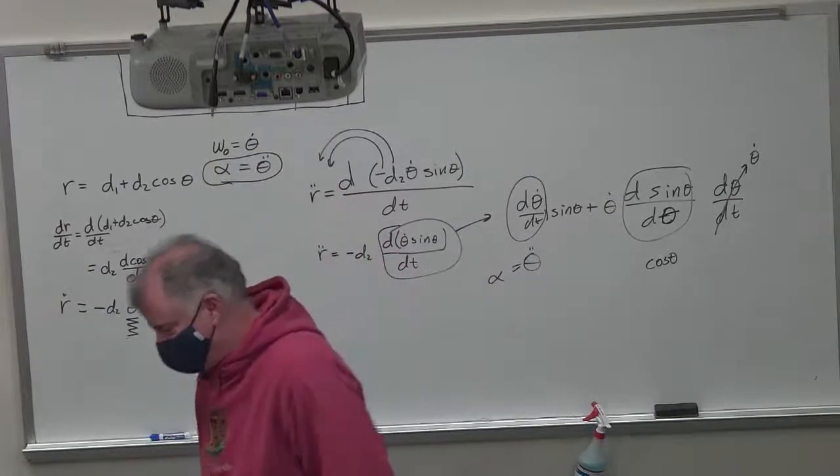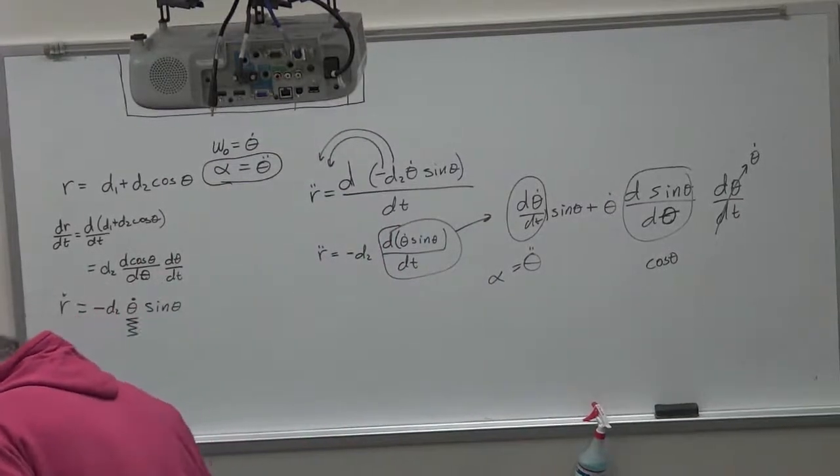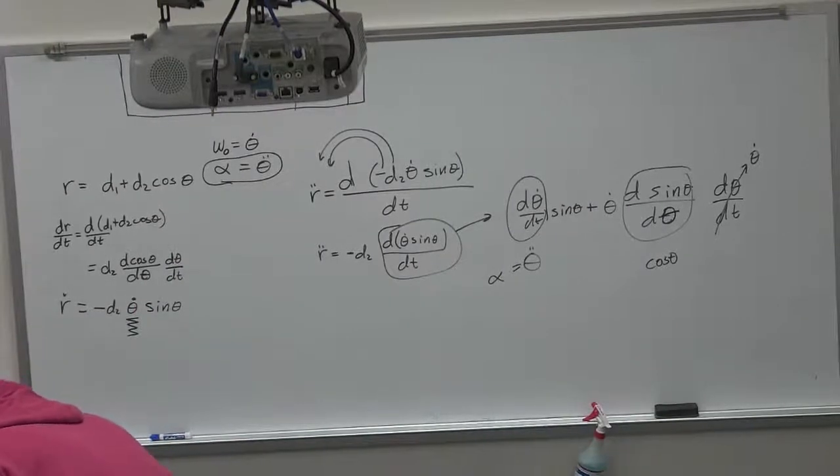Let me see the problem again. I can't believe I did that. Well, I did, didn't I? I should have put that theta dot equals, because that actually technically isn't determined until the next chapter.